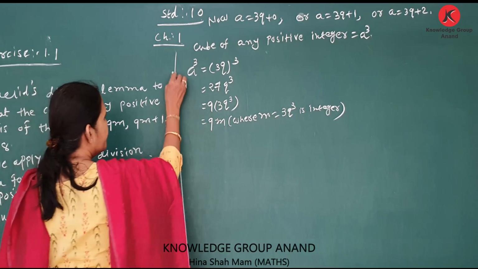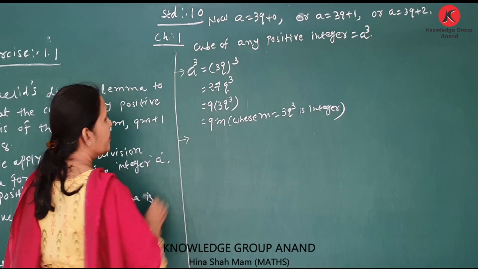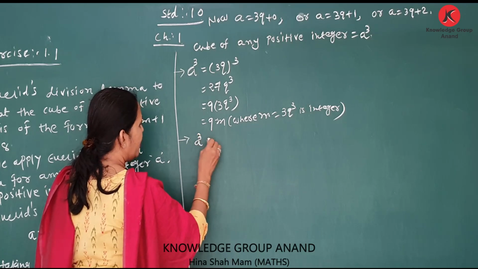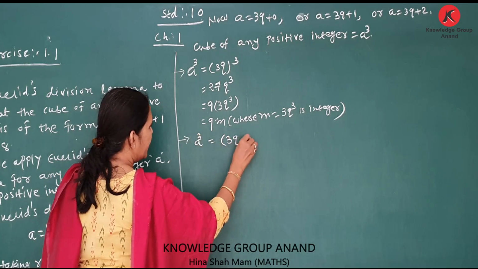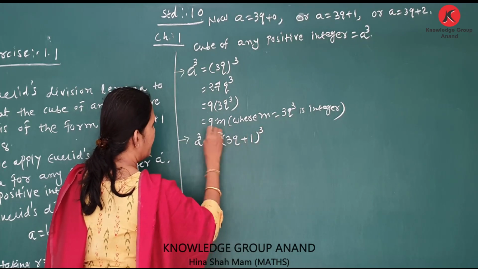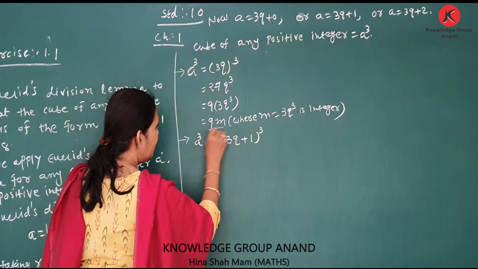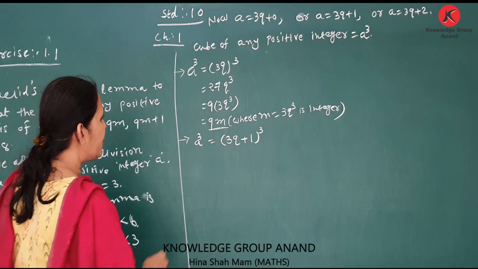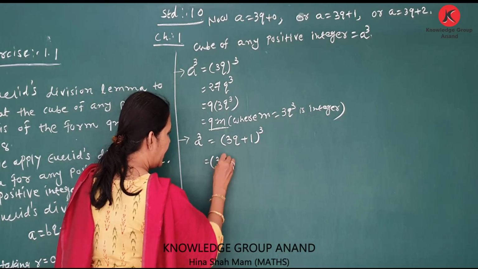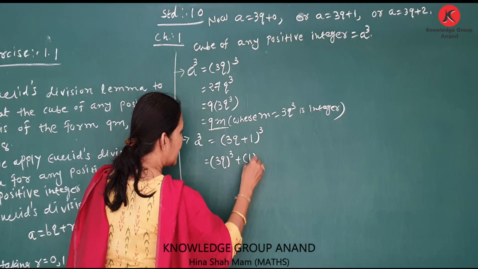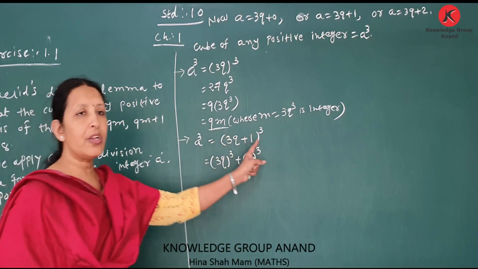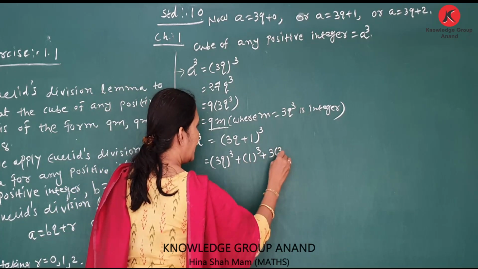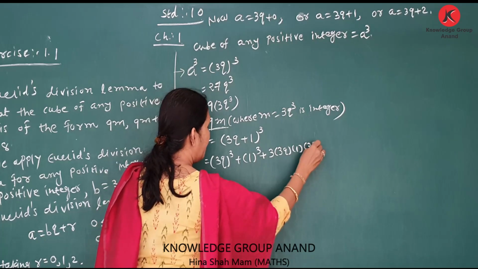Here we take A is equal to 3q plus 1. Therefore, A cube is equal to (3q plus 1) cube. Here first 9m. Now we expand (3q plus 1) cube using a plus b whole cube is equal to a cube plus b cube plus 3ab into a plus b.